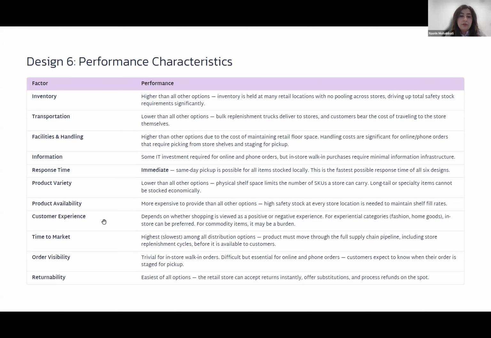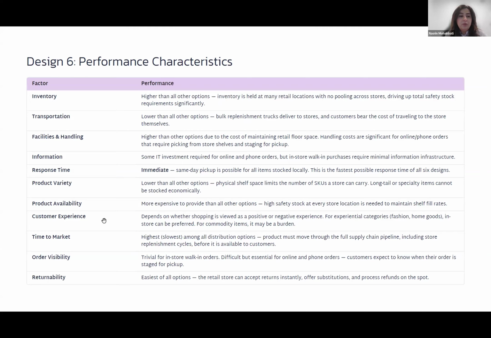Customer experience will be positive or negative depending on the customer. If a customer prefers to go to the store, see things, and purchase them, their experience will be really good. If they prefer to stay home and just get things delivered, it's not the case.